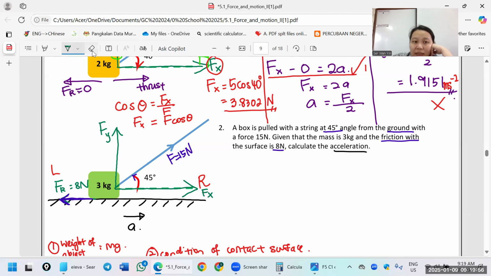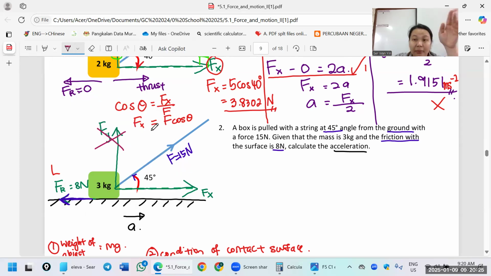Now you can see the force is resolved into vertical and horizontal. Since they want the acceleration, the box will go horizontally. That's why we don't care about Fy. No need to care, because the surface is horizontal, so it will move horizontally.